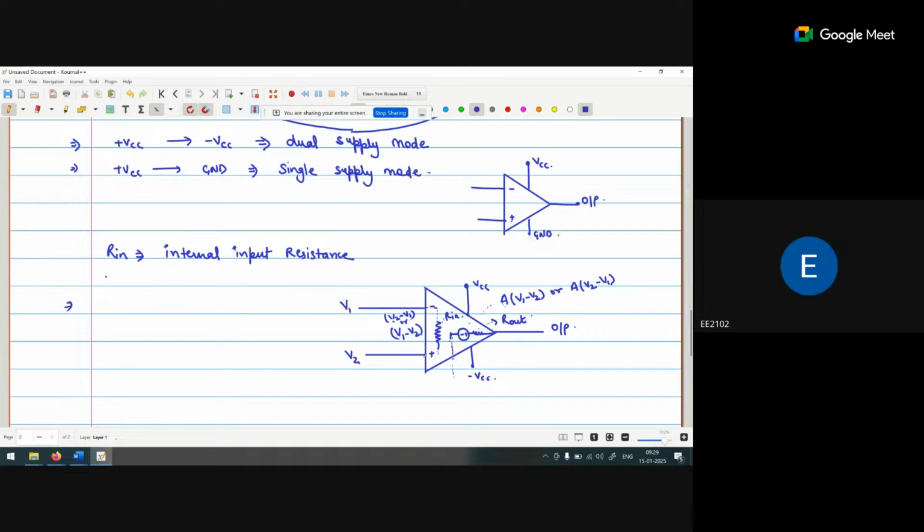Second is R out, called the output resistance. And third is the voltage source, A times V1 minus V2.